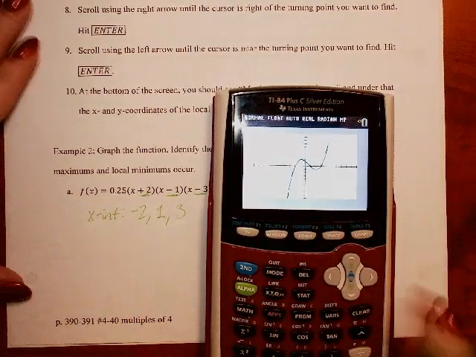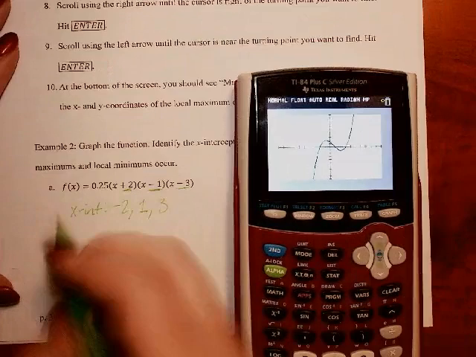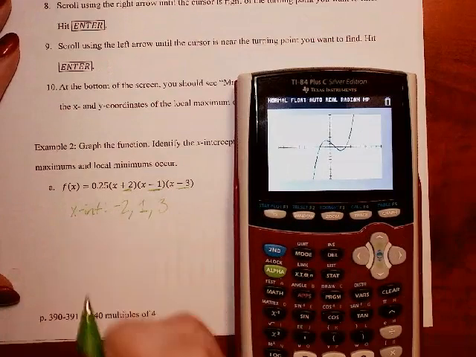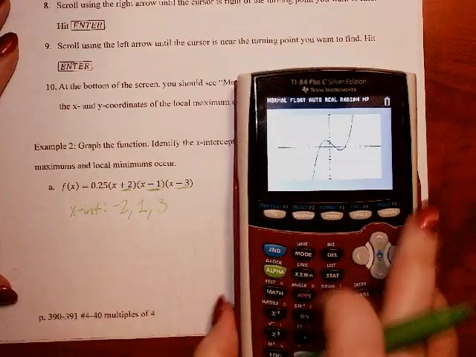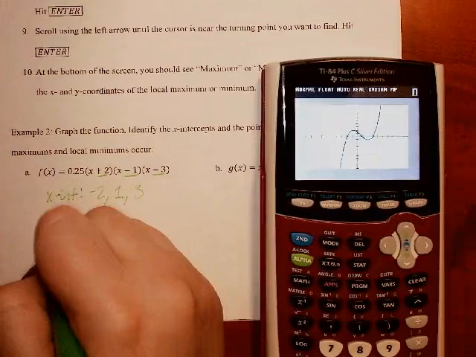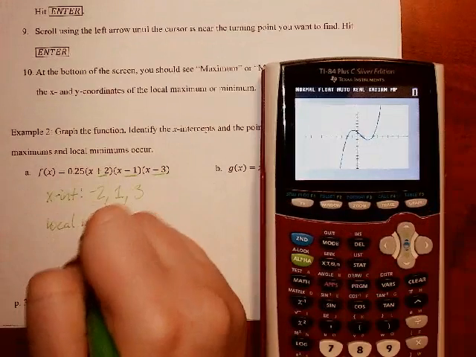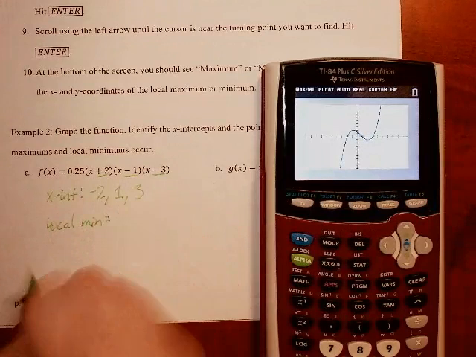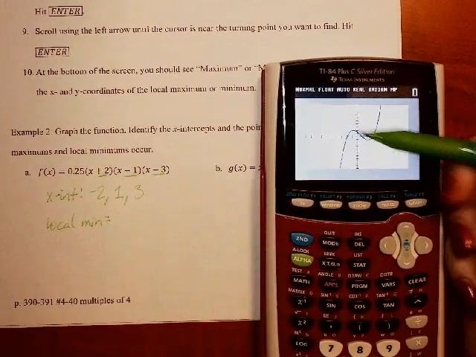So there we go. So our local min and local max. So we have 1 of each.